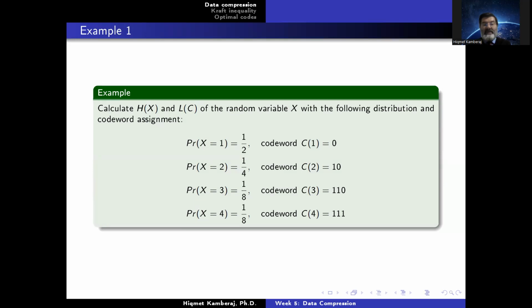Probability that X is equal to 1 is 1 over 2, and the code word C of 1 is 0. Probability of X equal to 2 is 1 over 4, and C of 2 is 10. Probability of X equal to 3 is 1 over 8, and C of 3 is 110. Probability of X equal to 4 is 1 over 8, and C of 4 is 111.